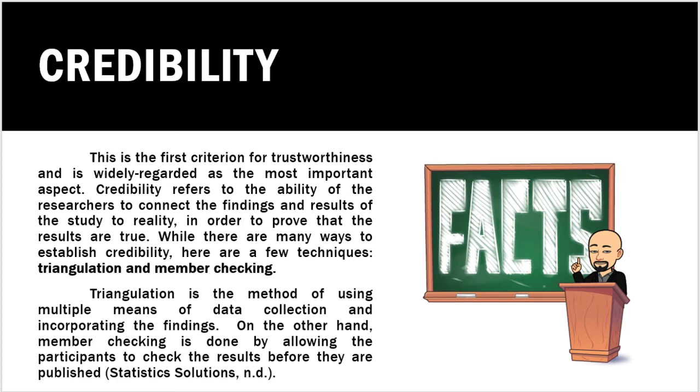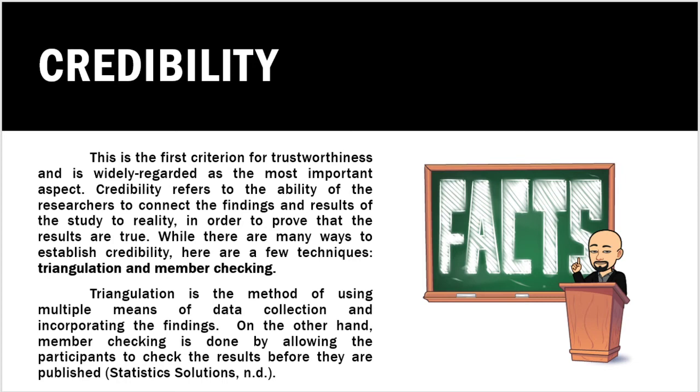For some, they might use participant observation, wherein the researchers will observe the behavior of the research participants. That could be one other aspect. Okay, so you employ three means of data collection, and then you triangulate.